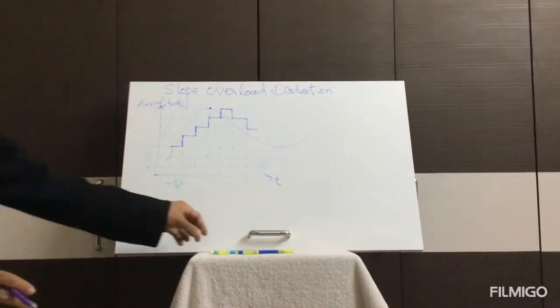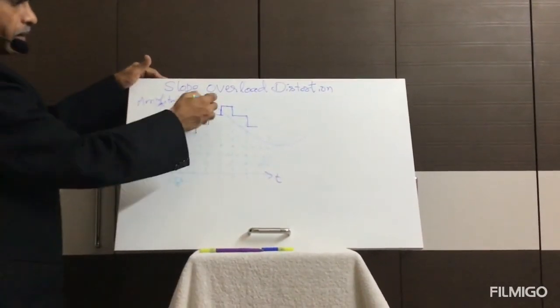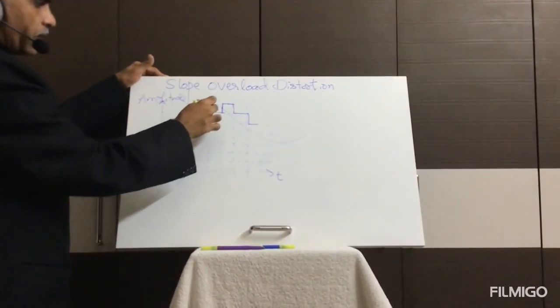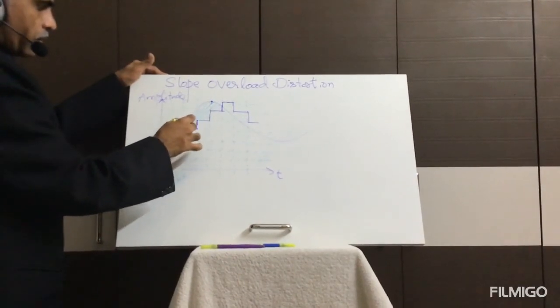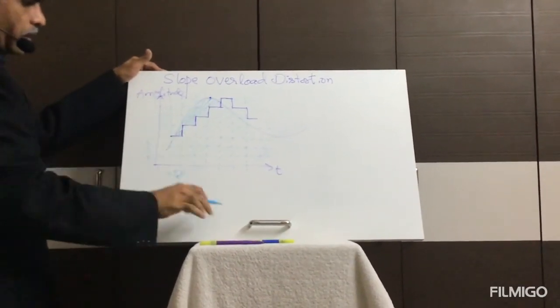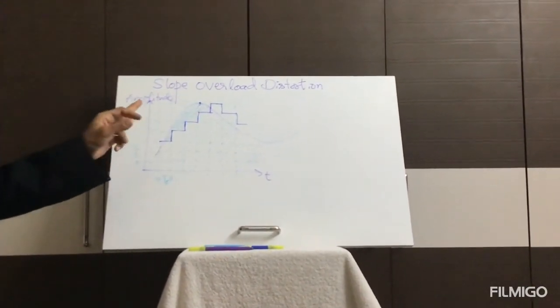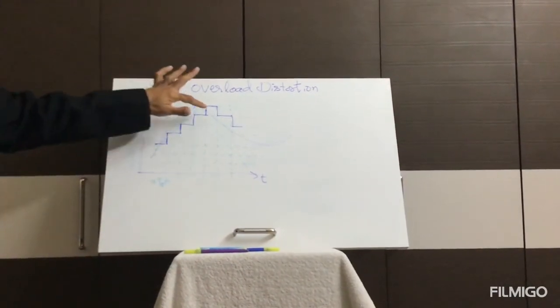So once you observe this portion of this graph here, where I am shading this portion, you observe that this is called the staircase approximated signal, which itself is the output of the delta modulator, while this one is the input signal.